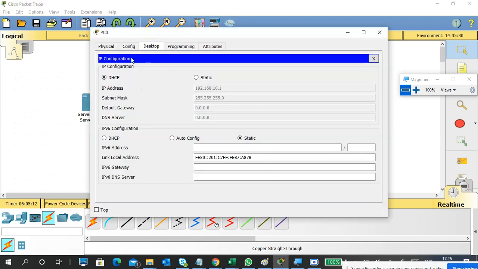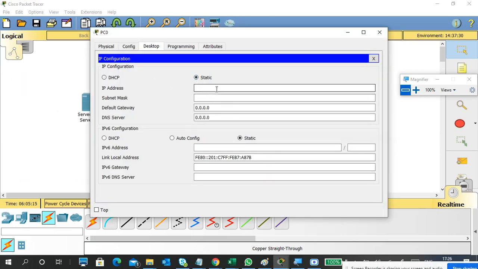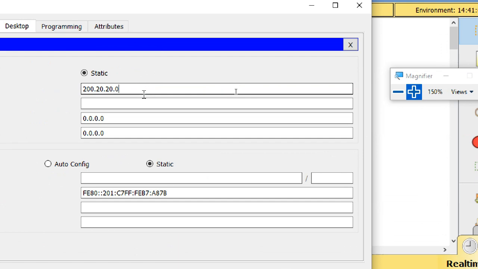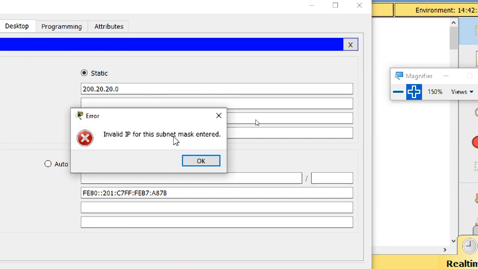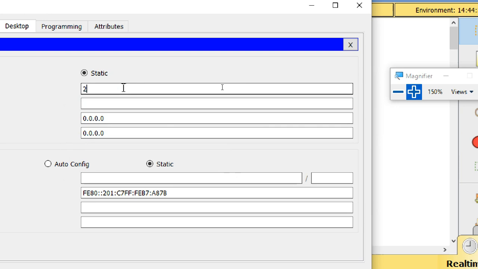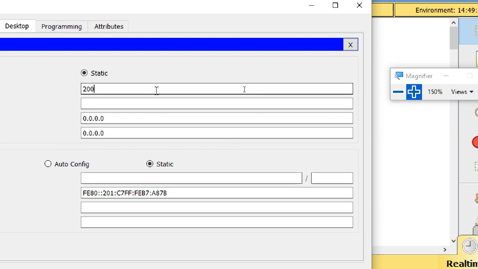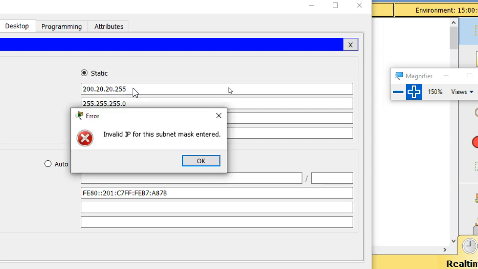If you open a PC and set a static IP of 200.20.20.0, it shows invalid IP for this subnet mask entered. 200.20.20.255 is an invalid IP address. 200.20.20.1 is not throwing an error. 2, not throwing an error. 254, not throwing an error. 255, throwing an error.